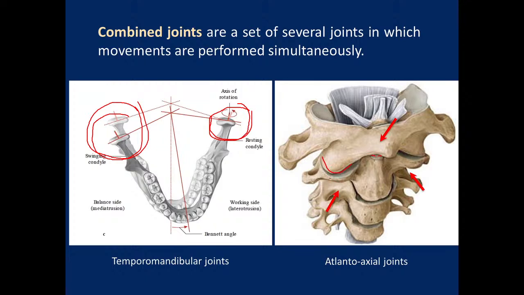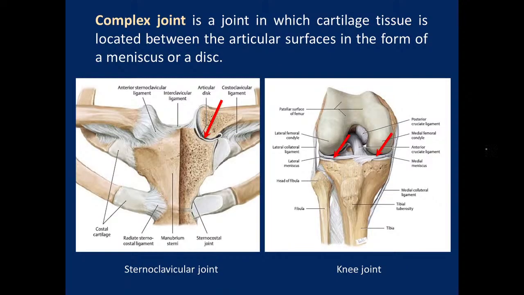There are three joints between these two vertebrae, but all of these joints, median joints and lateral joints, are combined joints, because we couldn't move in one joint without moving in the other joints. I hope you understand this idea.